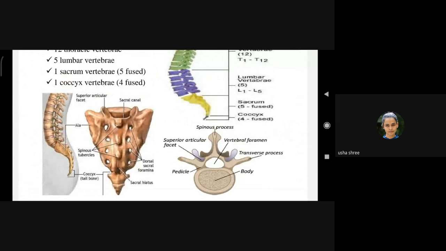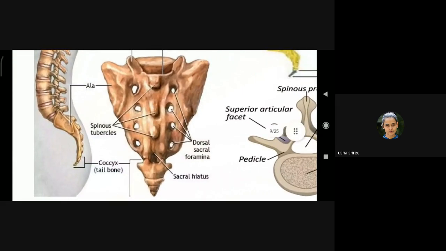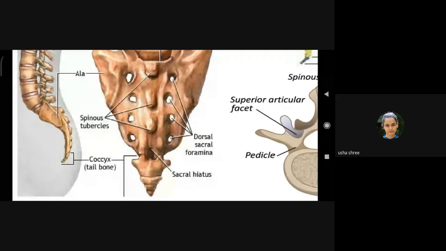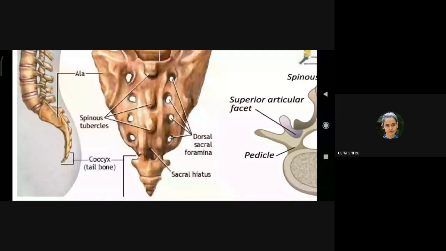And you can see here, this is the sacrum and the coccyx region, how these bones are getting fused. And you can see these small foramens here. These foramens are there for originating and transferring nerves, because our nerves are generated from the spinal cord, and these nerves spread all over the body.